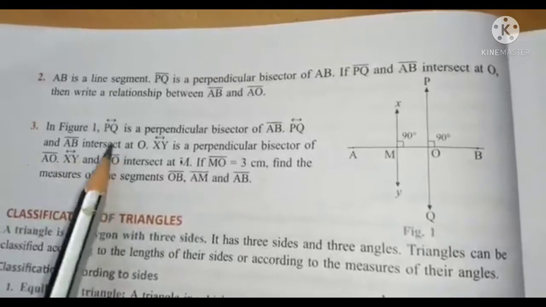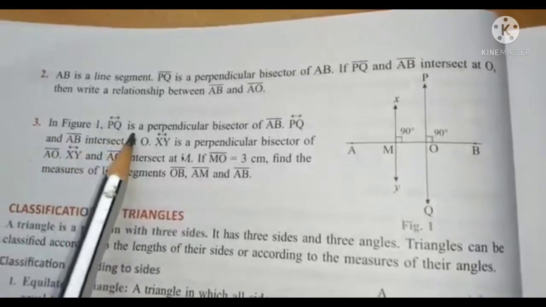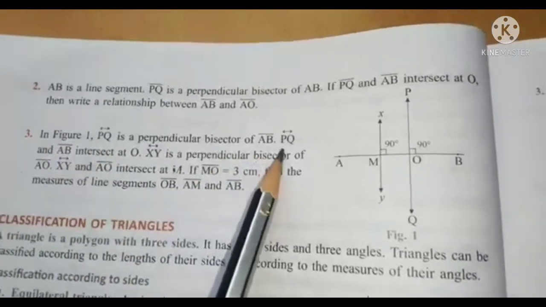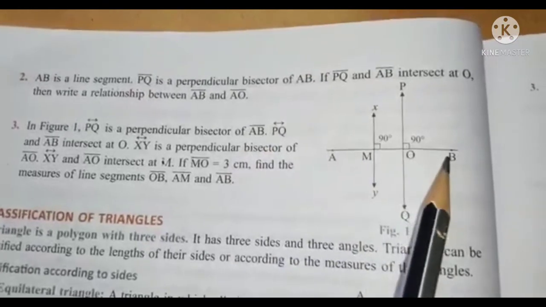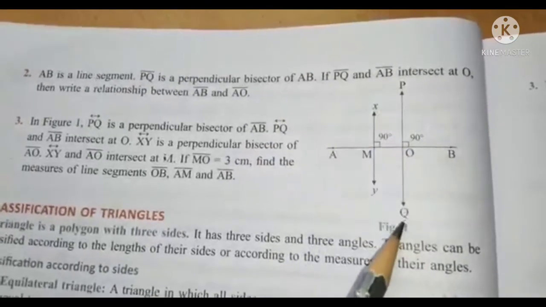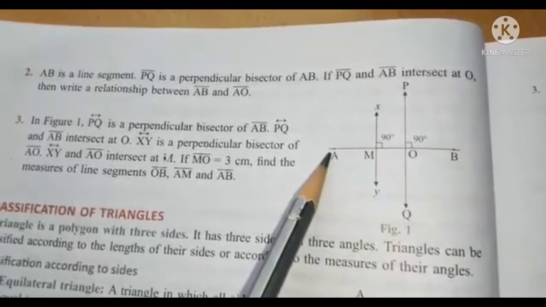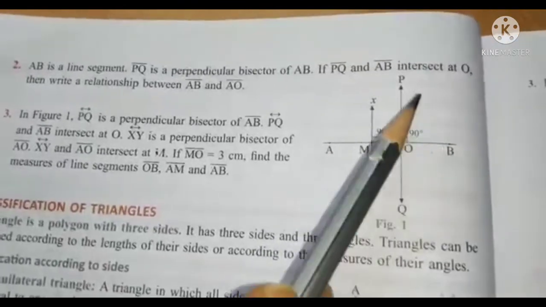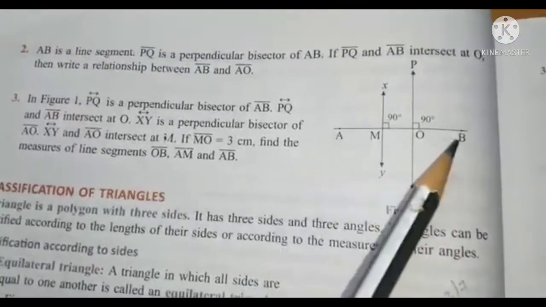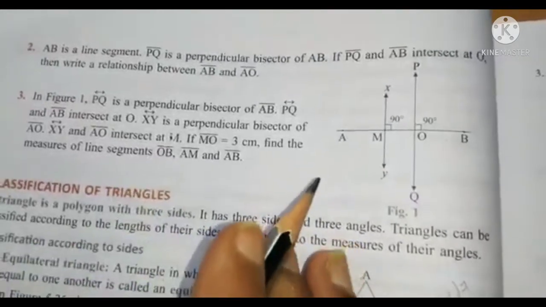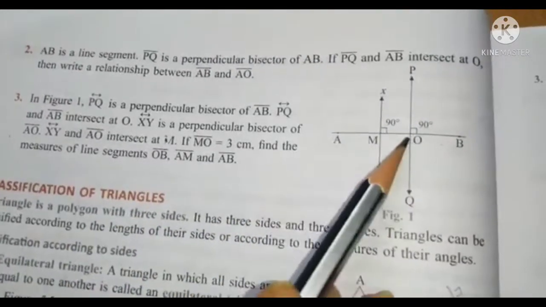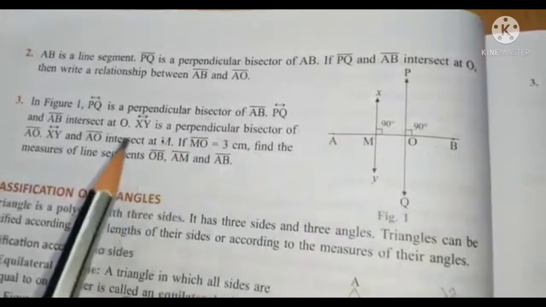See question number 3. In figure 1, PQ is a perpendicular bisector of AB. See here, AB is a line segment, PQ is a line. PQ is the perpendicular bisector of AB, meaning this PQ divides the line segment AB into two equal parts, meaning OA equals OB.